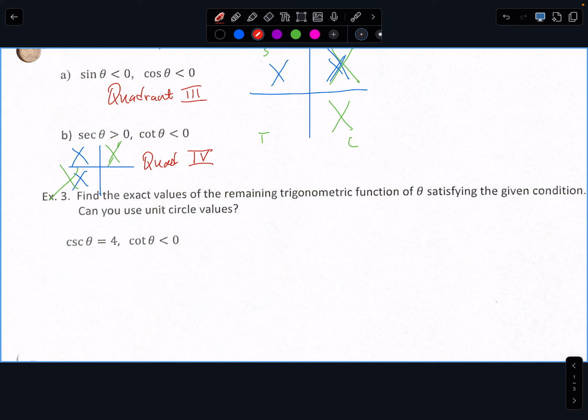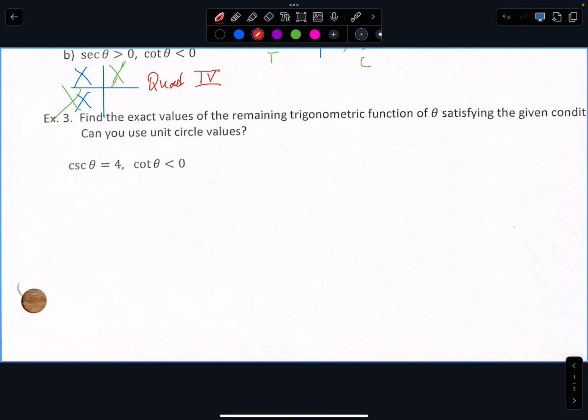All right, so in example 3, this previous example leads us to example 3 because cosecant of theta equaling 4 is telling me that cosecant is positive.